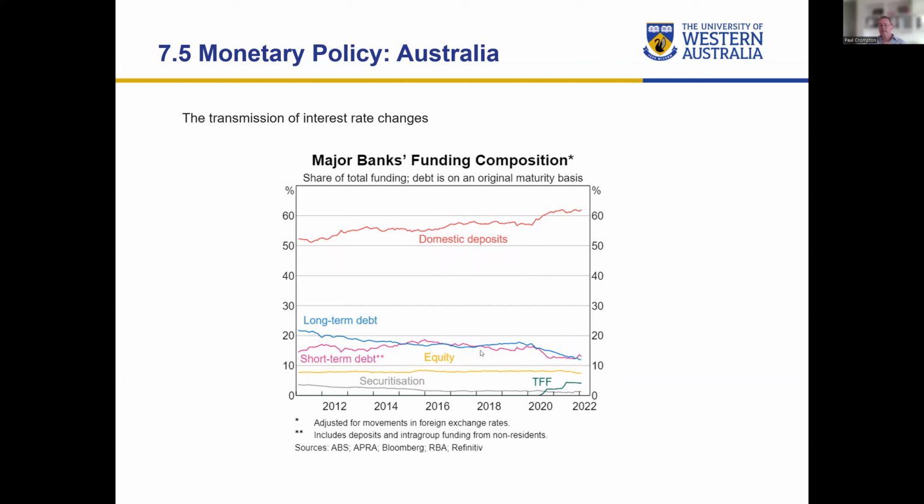But ultimately, when the cash rate is cut, the cost of bank funding generally will fall, and they will pass those interest rate cuts or interest rate savings on the borrowing onto customers in the form of lower mortgage interest rates, as a typical type of lending.